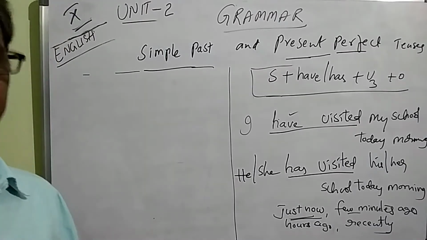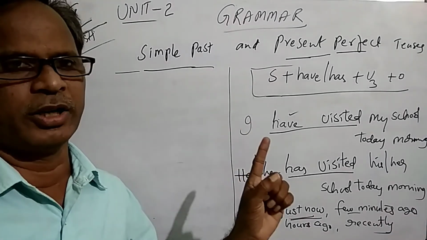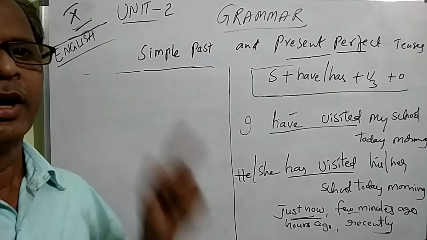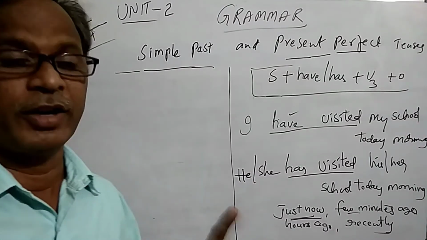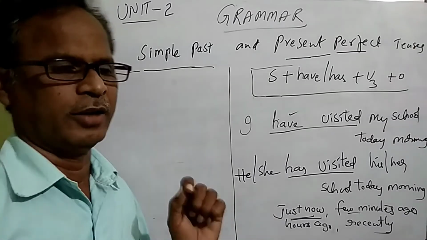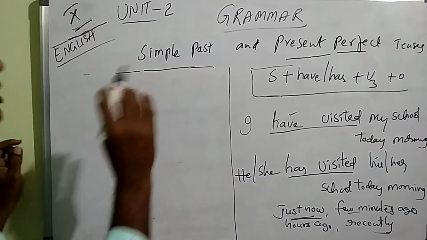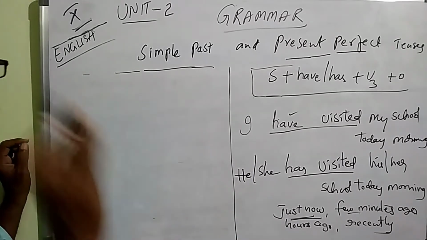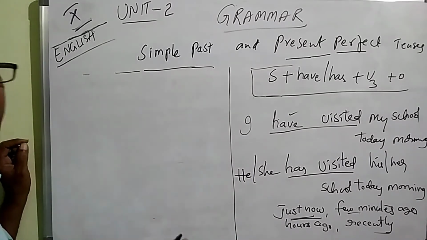It shows the past action only, but it does not tell you exactly when it happened. That is why simple past tense is nothing but the verb showing the past action in the sentence.